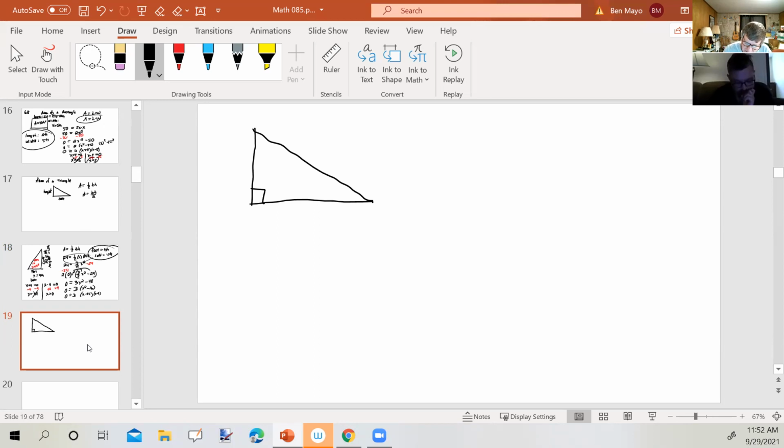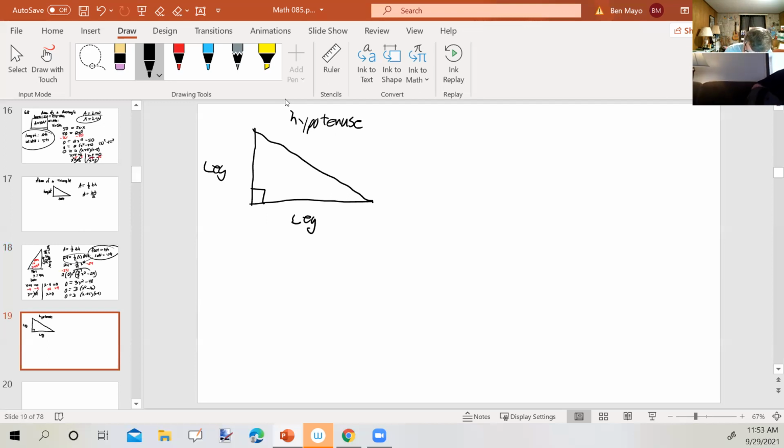The longest side, which is called the hypotenuse. I'm not sure if that's how you spell it, but well, let's see if it is. Yes, the shorter sides are called the legs, okay?